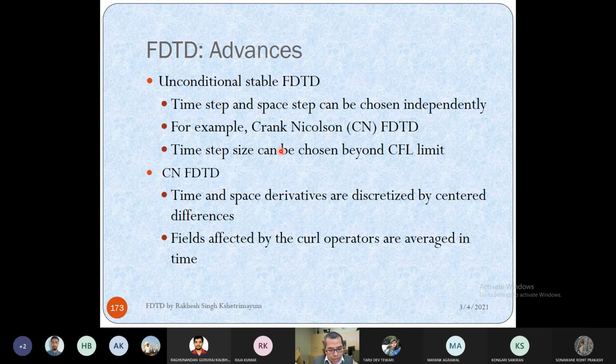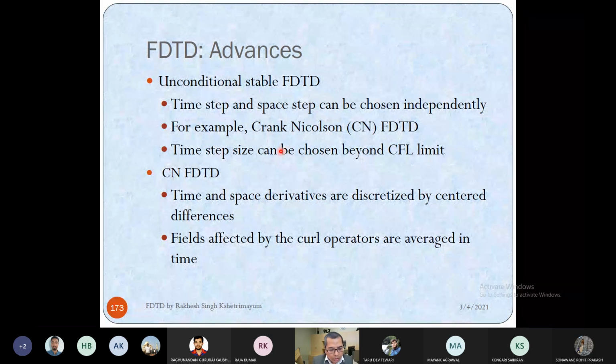So I want to have a highly efficient FDTD which should be able to simulate even very large structures like aeroplanes, rockets. But when I increase the time step size, I cannot do it because FDTD becomes unstable. But there are new kinds of FDTD. This is one of the latest areas of research in FDTD, called unconditionally stable FDTD.